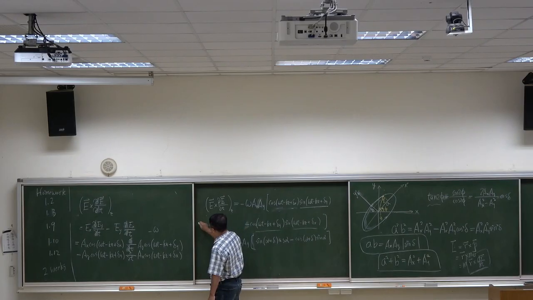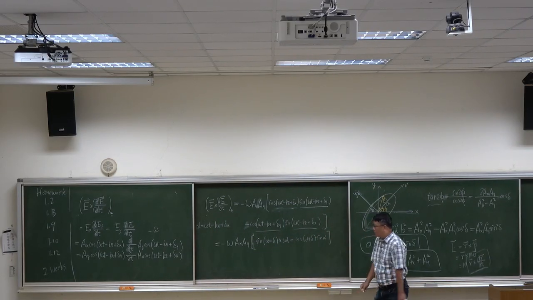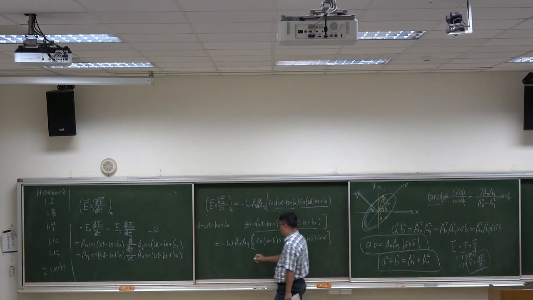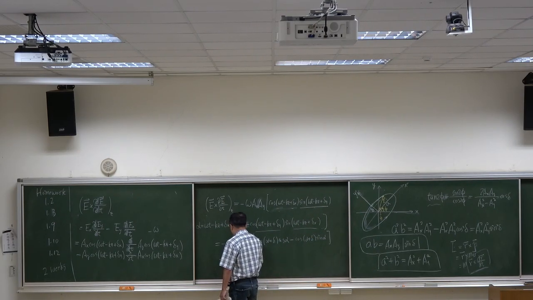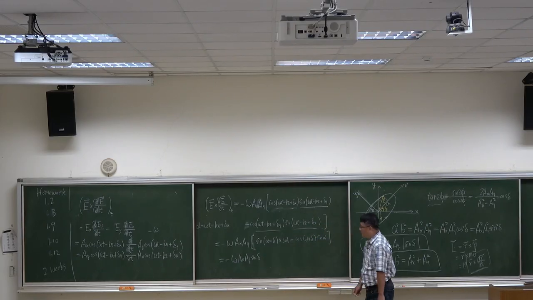Remember that alpha is omega t minus KC plus delta x. Okay. So this is just minus omega AX AY sine delta.